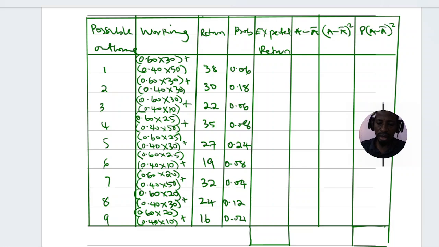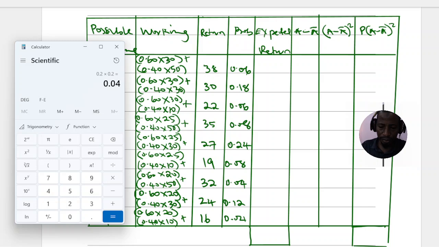So all I need to do now is to get the expected return, which is probability multiplied by return. Therefore, 38 multiplied by 0.06 equal to 2.28.